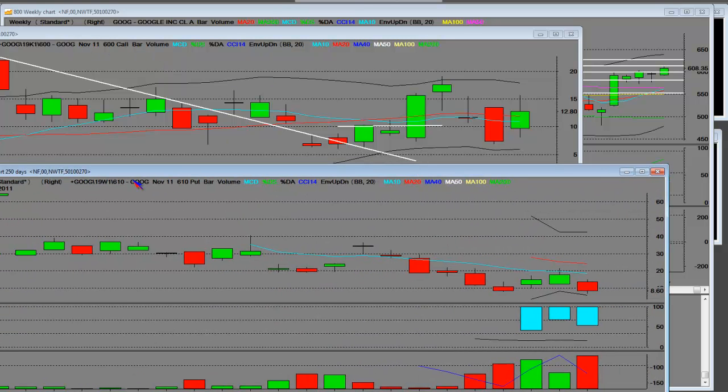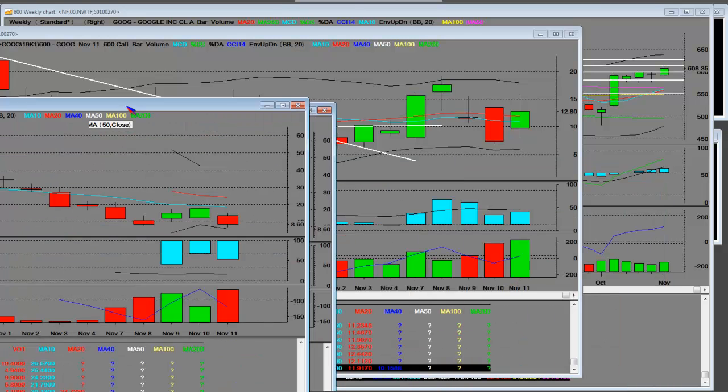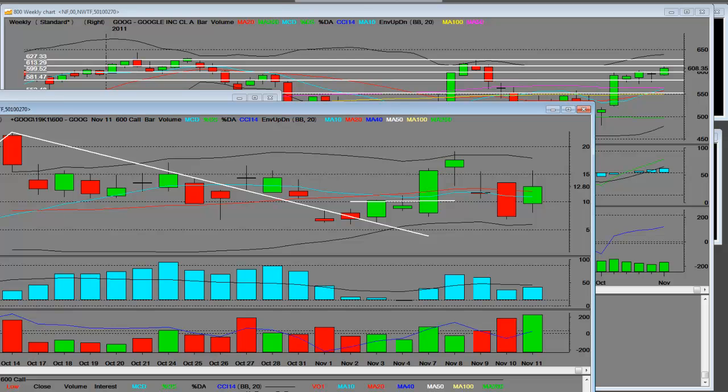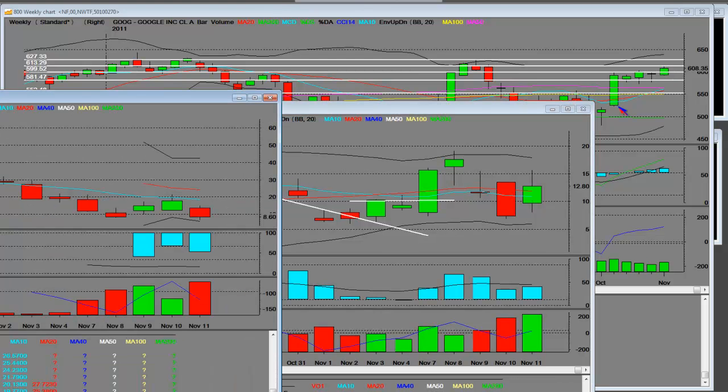$600 call, $610 put. We're going to put the trade management on there based on what? This big weekly breakout. What a bullish breakout. Rising weekly moving averages. And the trend still has to come up and try to break these highs and these highs over here ultimately by year end.